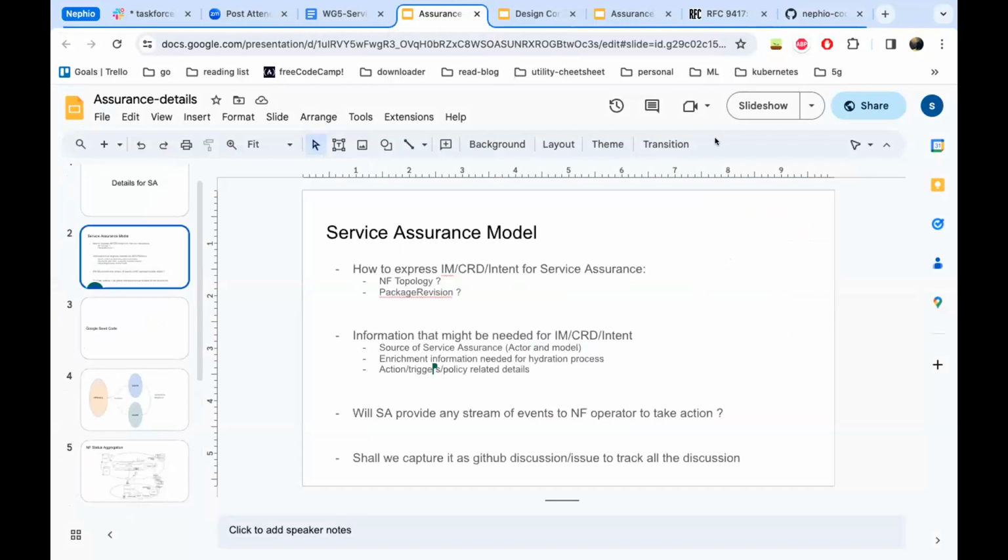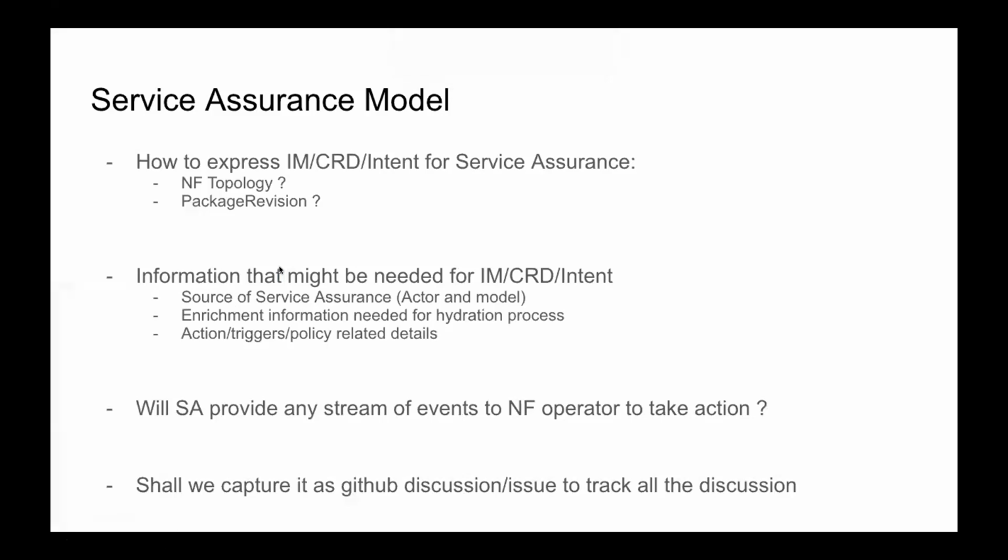Okay. So I'll go further in the same document. Now the second point I wanted to put: some information that I was thinking is very important for defining service assurance, like the source of the service assurance. Which entities are the actors, and how will the model capture this source, and the enrichment information needed for the hydration process. You already mentioned that in the last SIG meeting.